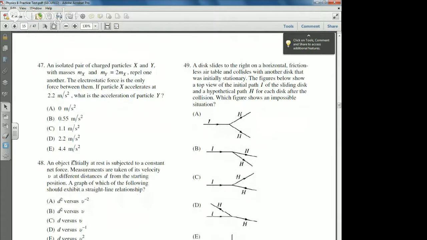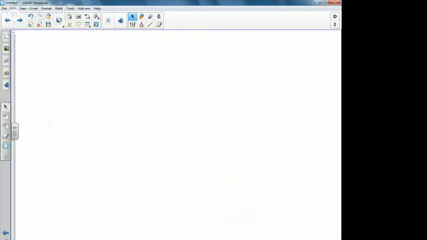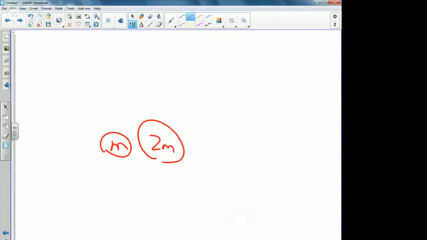47 makes it sound complicated, but it's really a very simple question. You have two charged particles pushing against each other. They repel each other. One has a mass of m, the other has a mass of 2m.